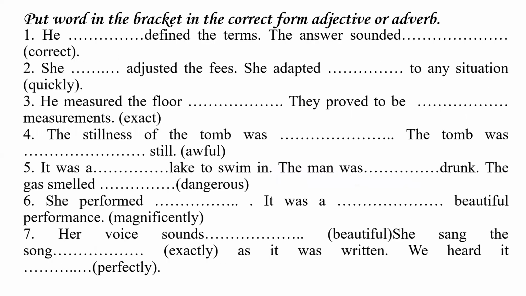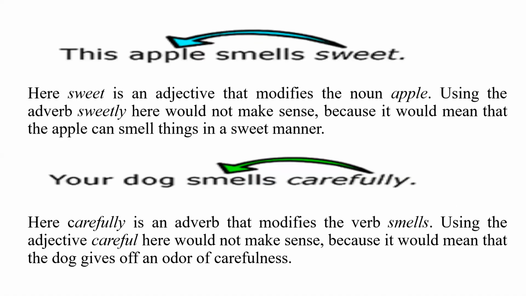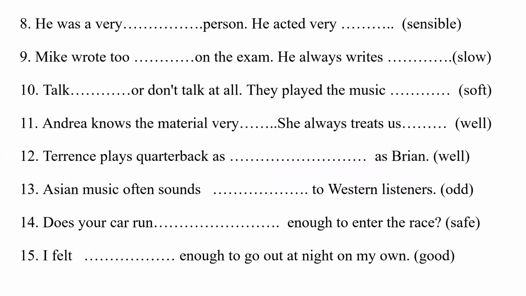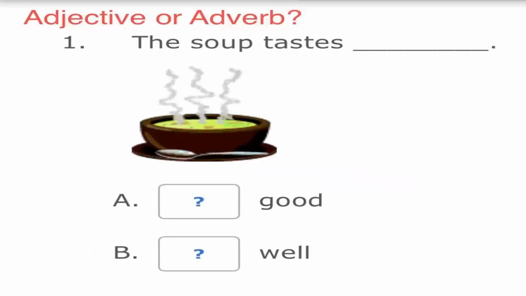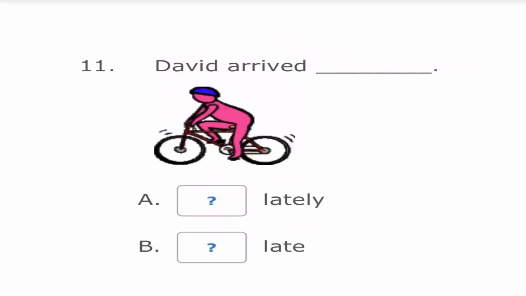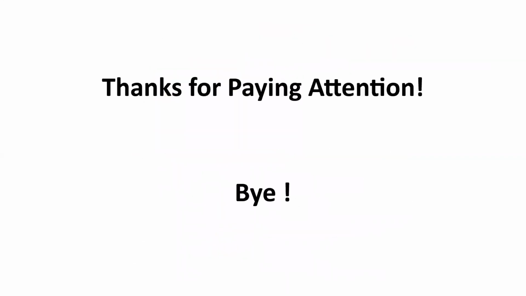So let me finish my explanation here, and I just want all of you to watch the video from the beginning to the end. When you finish watching the video, do the exercise. The exercise is from number 1 to number 15, and you also have to decide whether to choose adjective or adverb, from number 1 until number 15.